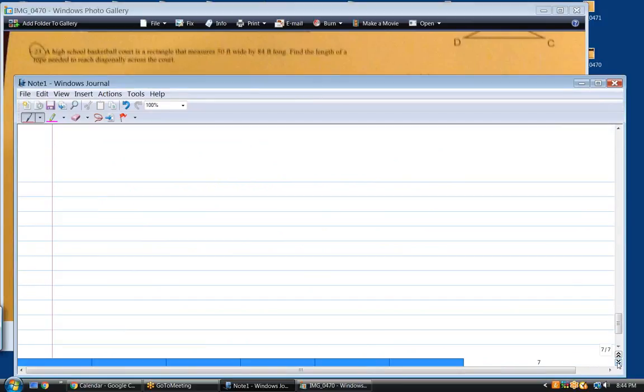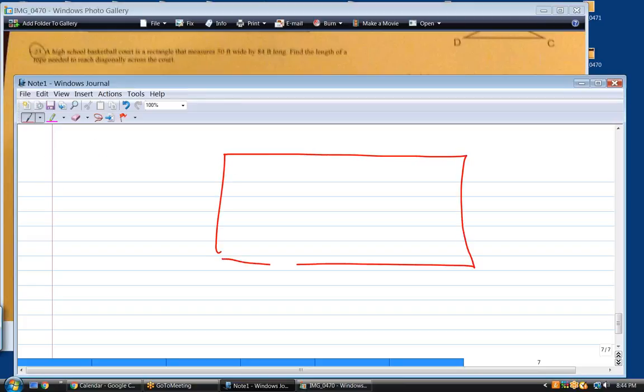What are those measurements? 50 by 84 or 30 by 84? 50 by 84. Okay. Find the length of the rope needed to reach diagonally across the court.